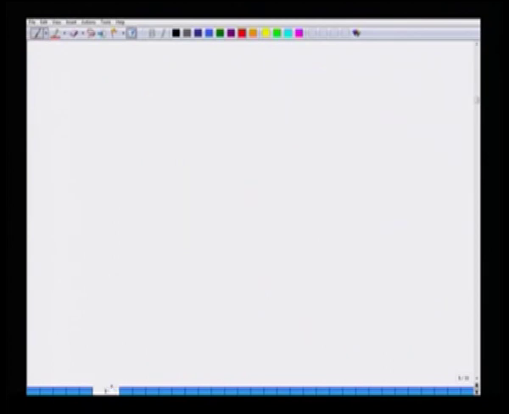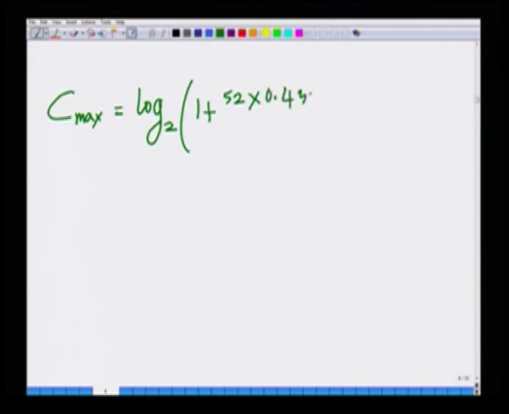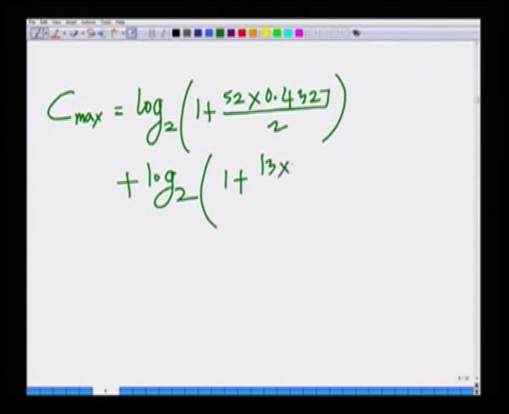And what is the maximum capacity corresponding to this? The maximum capacity, as we said, is C max equals log 2 of 1 plus 52 into 0.4327 divided by 2, plus log 2 of 1 plus 13 into 0.3174 divided by 2 — this is the capacity of channel 1, and channel 2 — and the power allocated to channel 3 is 0.